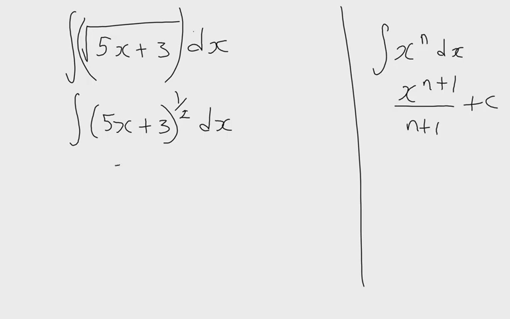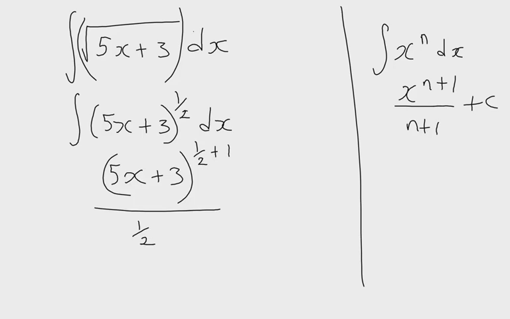So you have 5x plus 3 to the power of 1 over 2 plus 1, over 1 over 2 plus 1, and then since this variable has been multiplied by 5, we are going to divide everything here by 5, and then plus C. Observe that in this case, this x is not multiplied by a constant.